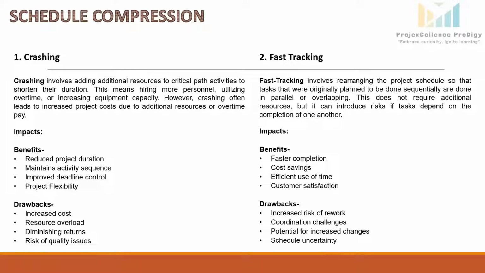Crashing shortens the duration of critical tasks by adding more resources, though it often comes at the cost of increased expenses and potential strain on the team. Finally, we spoke about fast tracking, which allows tasks to be performed in parallel, reducing time but increasing the risk of rework and coordination challenges.